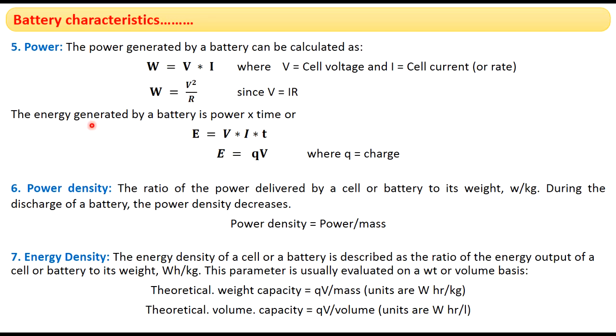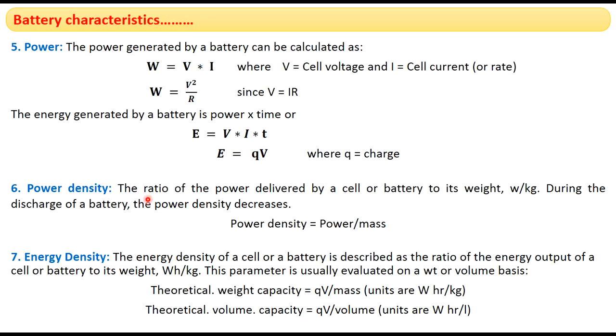And the energy generated by a battery is given by power into time, that is E is equal to V into I into T. Here I into T is taken as the charge, that is Q. So we get E is equal to QV. Energy is equal to QV, and that is about power.